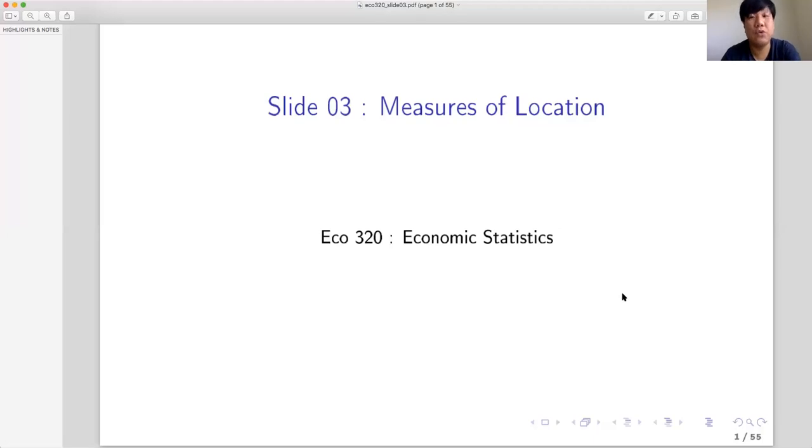So based on those data sets, what we want to know is, okay, how do we capture those data sets? How do I describe those data sets? One way of describing is, what is the average of the data set? For example, we have about 40 students in our class.